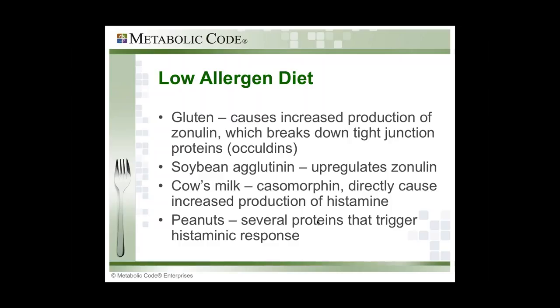So if somebody lives on cow's milk, for example, and is constantly having that increased production of histamine, that alone can eventually cause the breakdown of those tight junction proteins and start to cause this upregulated immune response. So just how much you eat of certain of these allergenic foods could have an influence.